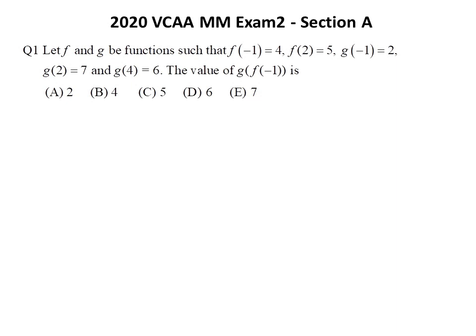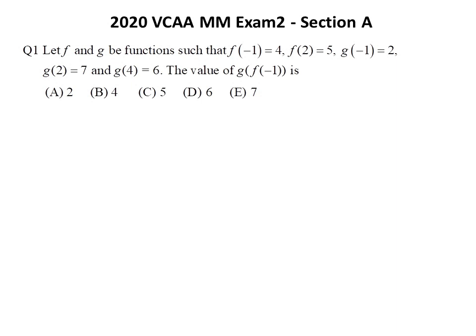In question 1 of section A, there are two functions, f of x and g of x. What we know so far are the following coordinates of these two functions. f of -1 equals 4, f of 2 equals 5, g of -1 equals 2, g of 2 equals 7, and g of 4 equals 6.